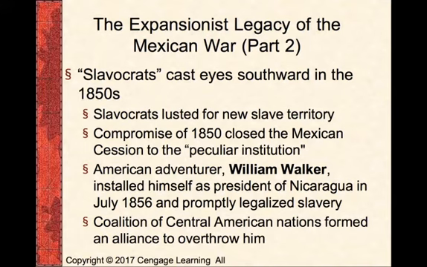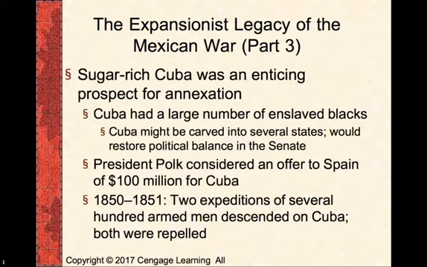He was backed by an armed force recruited largely from the South, and one Southern newspaper proclaimed to the planter aristocracy that Walker was a great-eyed man of destiny and now offers Nicaragua to you and your slaves. However, a coalition of Central American nations formed an alliance to overthrow him, and he was killed by a Honduran execution squad in 1860. So it didn't go so well for him.